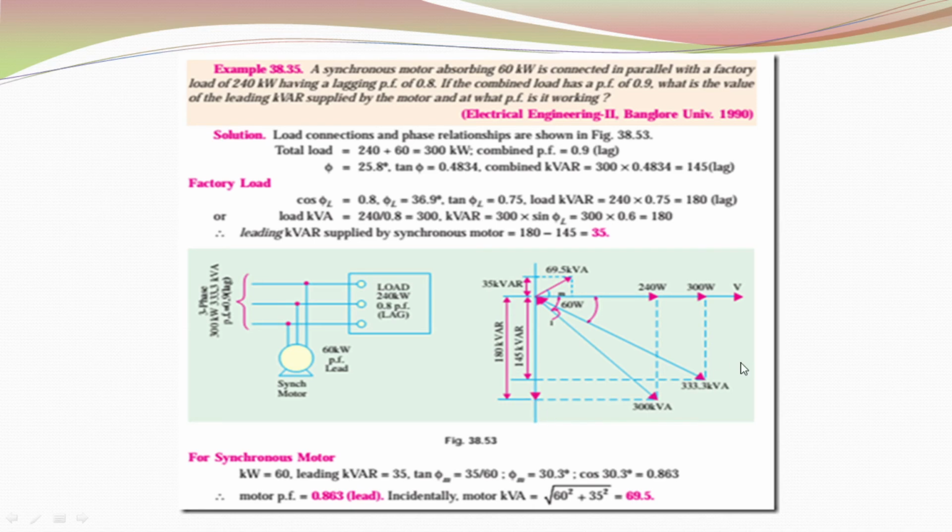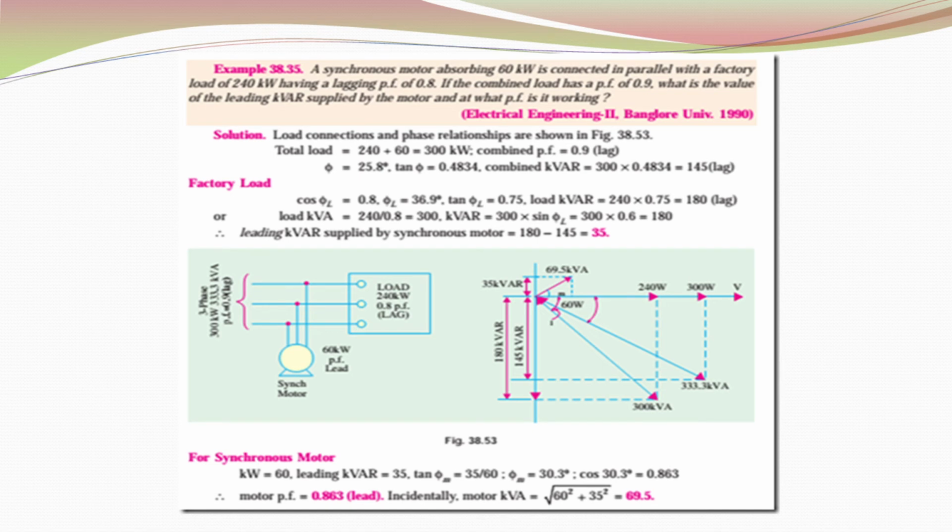Voltage versus volt ampere reactive. Total load is 240 plus 60, that is 300 kilowatt, and phi is equal to 25.8 degrees, tan phi is 0.4834, and combined kVAR is 300 into 0.4834, that is 145 lagging.